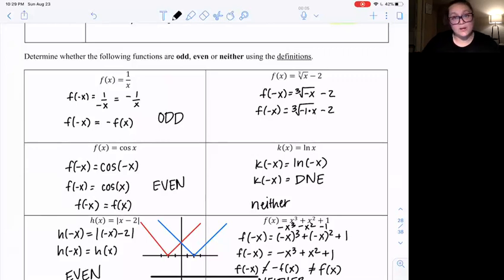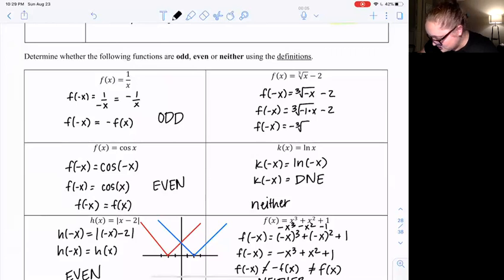The reason you want to do that is because you can take the cube root of negative 1 and pull that negative outside. So you have f of negative x is equal to negative cube root of x minus 2. Now again, this isn't the opposite of that function, and this isn't the positive value. So this is actually also a neither.